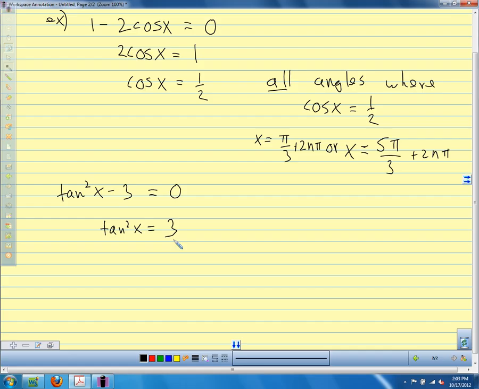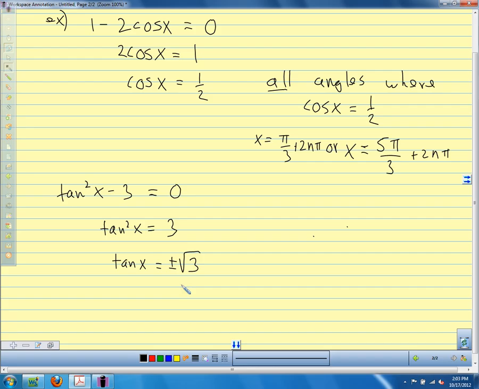To solve for tangent x, what do I need to do? Take the square root of both sides. So tangent x equals, and we have to be careful here, plus or minus square root 3. When I take the square root of both sides, I can get a positive or a negative solution.